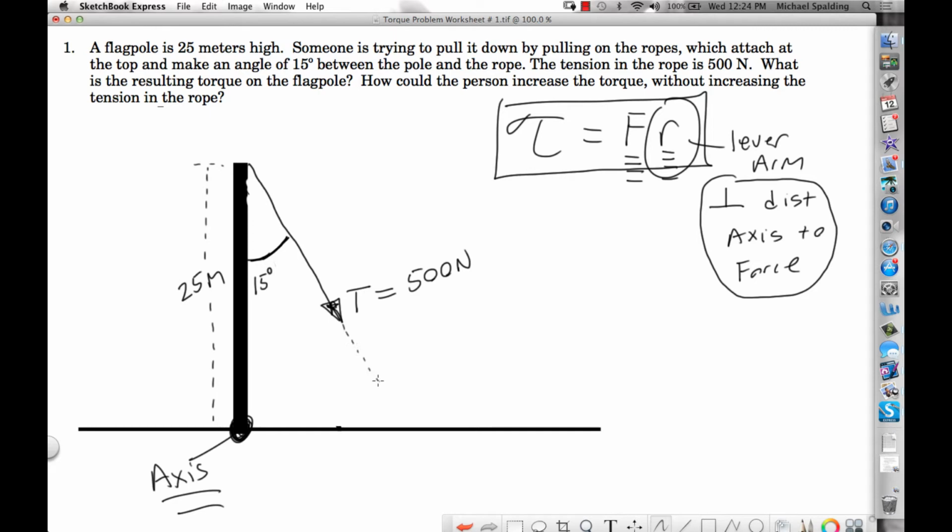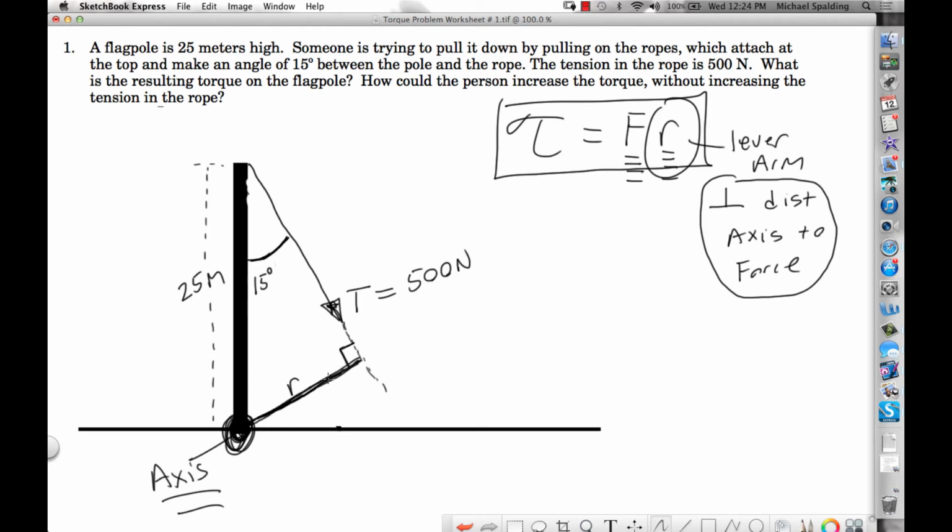Okay, so we'll extend that down. If you go from the axis over to the force, see how I extended tension like that? It's perpendicular, right? So this R, this distance right here, is the lever arm. See that? It's from the axis over to the force.